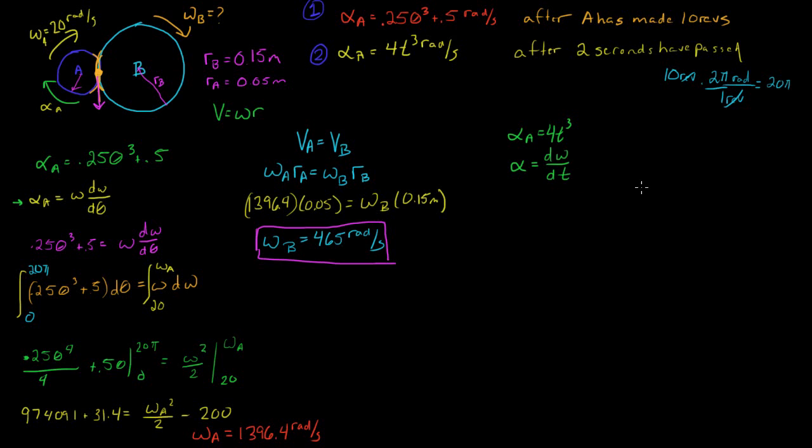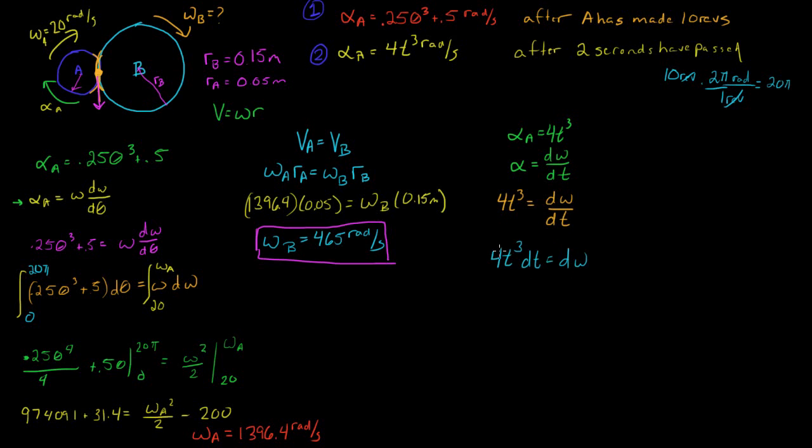We sub in 4t cubed, so 4t cubed is equal to d omega over dt. Now we bring the dt to the other side and integrate both sides. Separate and integrate: 4t cubed dt is equal to d omega.